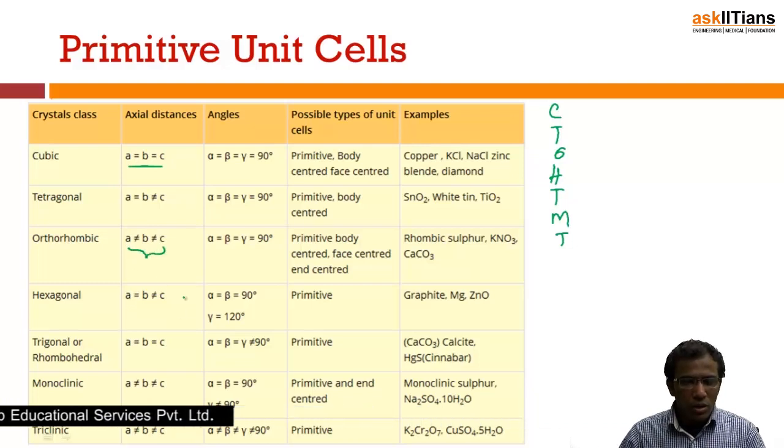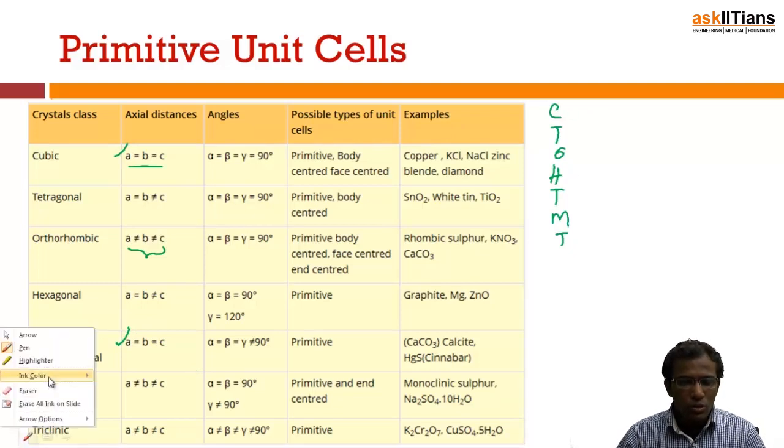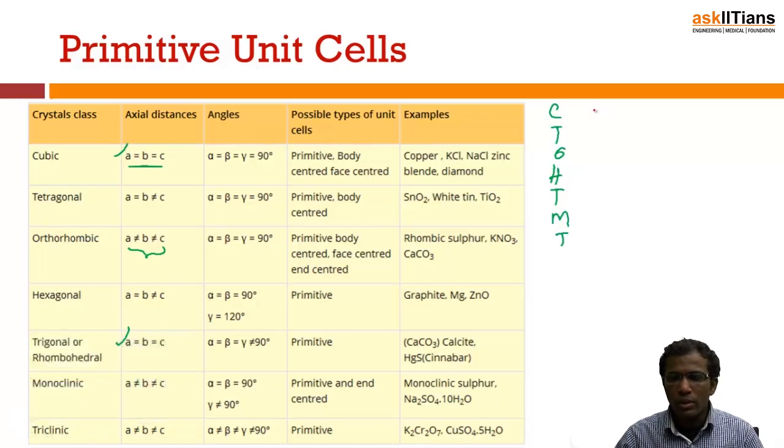If you see from top to bottom, only 2 crystal classes have all the edge lengths equal: one is cubic and the other is rhombohedral. So cubic has A equal to B equal to C, and rhombohedral or trigonal also has all the 3 edge lengths equal, A equal to B equal to C.